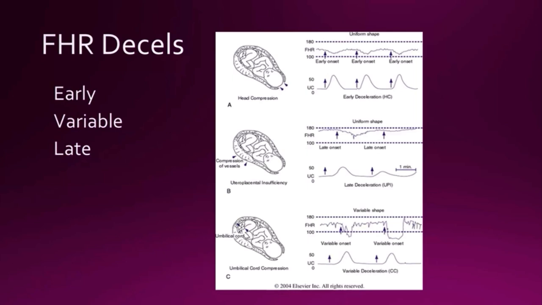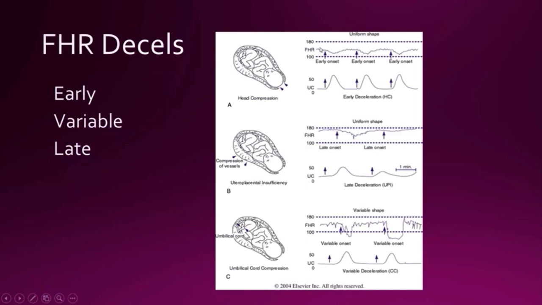So early D cells are going to mirror image the contractions. So if you look at A on the slide, you can tell that the bottom part of that is your contractions, and this is your fetal heart rate.